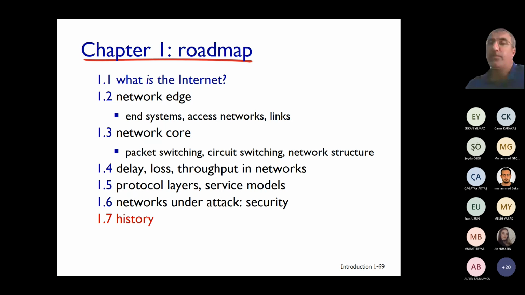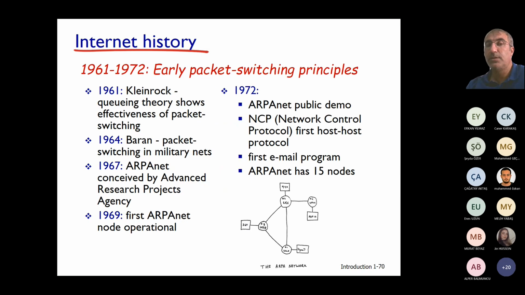The last topic for the introduction for today is the history of the internet, or network technology. Let's look at some milestones in internet history. In 1961, queuing theory showed the effectiveness of packet switching, and one of the first military networks used packet switching.